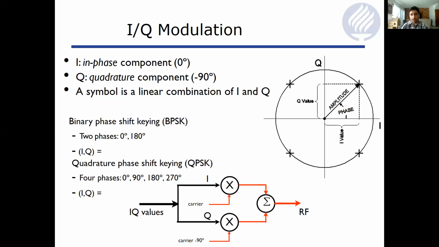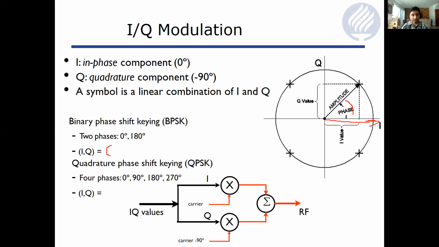Let's say, for example, for binary phase shift keying, BPSK, that we mentioned, we have two different phases: phase 0 and phase 180. You remember we mentioned this is our phase, the phase is the angle here. So considering this, the IQ modulation would be, if the phase is 0, it means sitting right here.